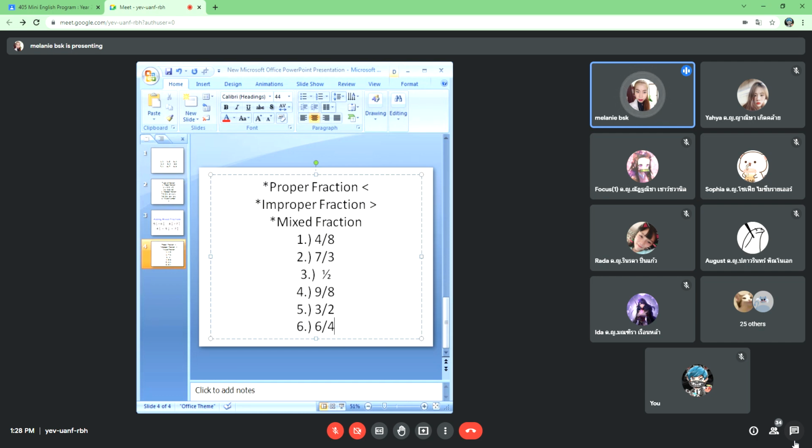Page 83, it says in here for activity number 1, circle each proper fraction. You're going to circle the proper fraction and draw a rectangle around each improper fraction. So if it is an improper fraction, you're going to draw a rectangle. If it is a proper fraction, you're going to circle. Okay? Do you understand?